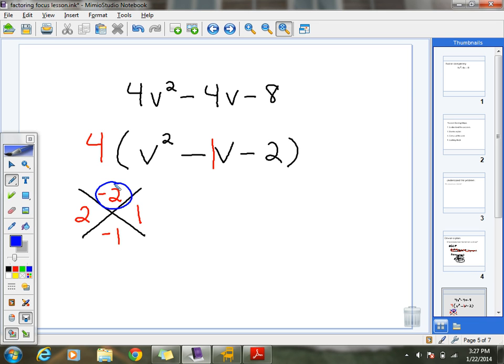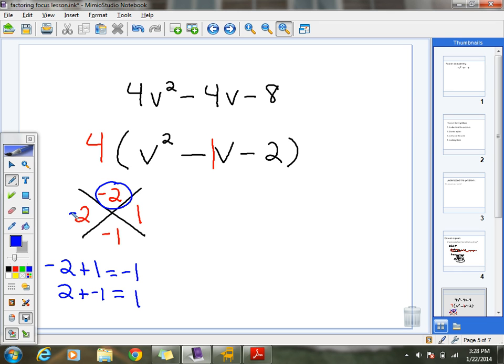So I could use guess and check, another strategy, to say negative 2 plus 1, or positive 2 plus a negative 1. And I know that my desired result is a negative 1. Well, negative 2 plus 1 is negative 1. 2 plus negative 1 is a positive 1. So I know that for my factor, I need my negative 2 instead of a negative 1.